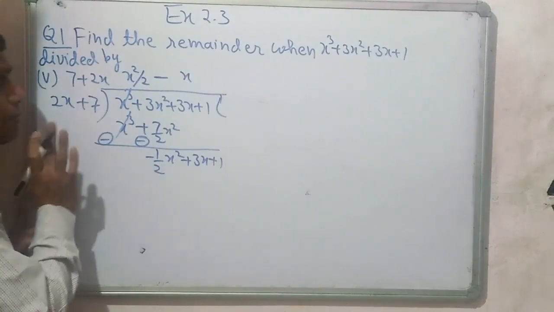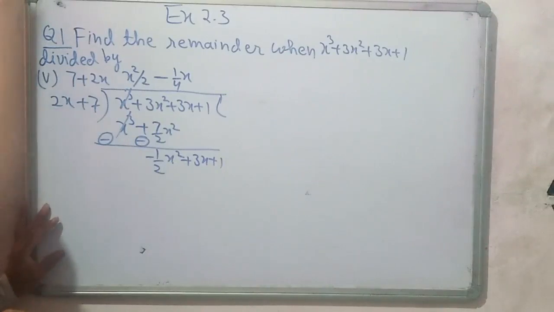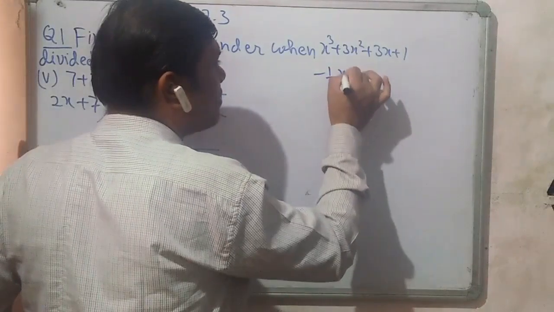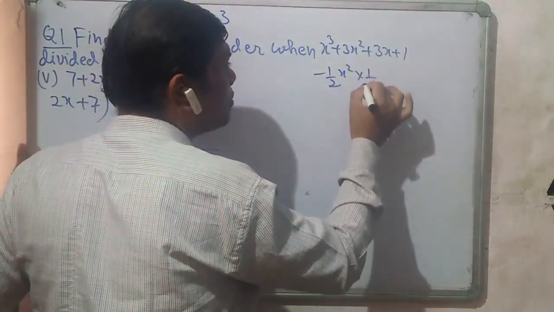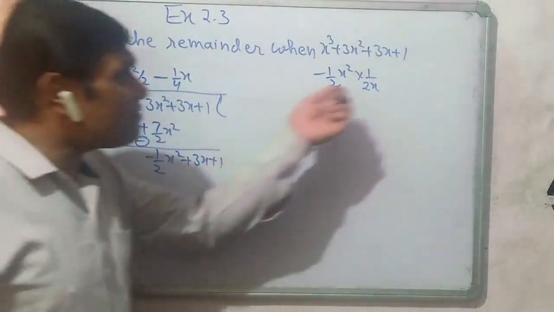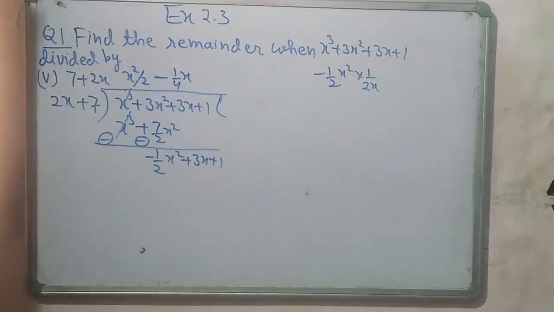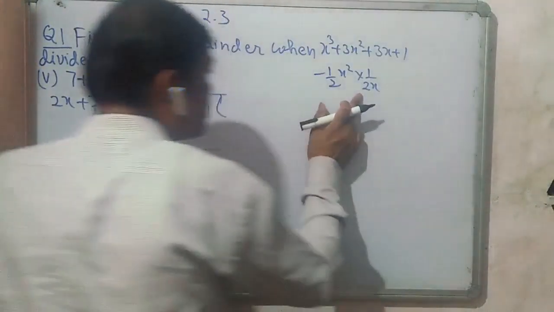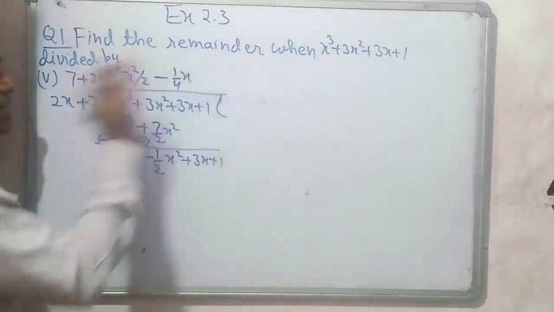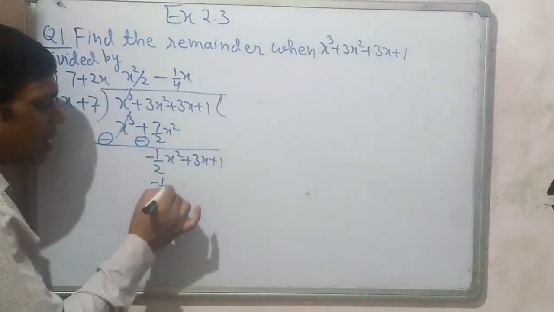Minus 1/2, minus 1/4. Arre bhai simple hai, minus half x square into 1/2x. We are dividing, right? So what we are getting is minus x/4. That minus x/4 is here. If we are multiplying this, we are getting minus half x square.